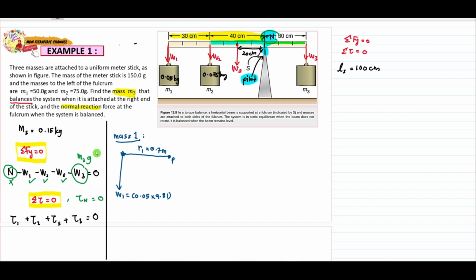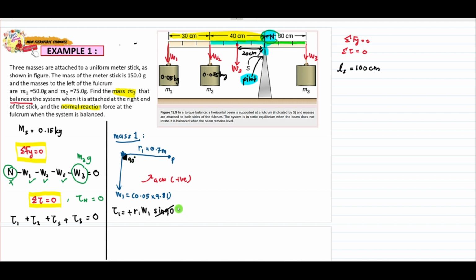And what is the direction of the torque? Okay, so it is anti-clockwise direction. So it means the value of torque 1 should be a positive value. So down here, we can directly write torque 1 is equal to positive R1 W1 sin 90 degree. If we look, all the forces exerted here are at 90 degrees.